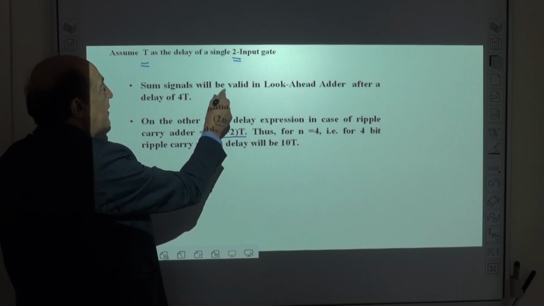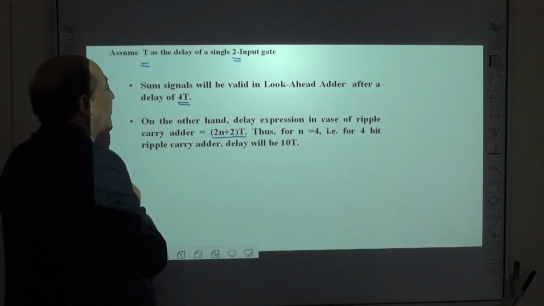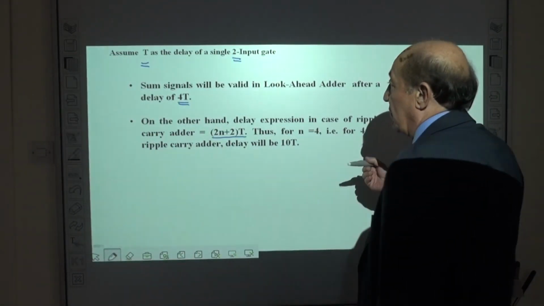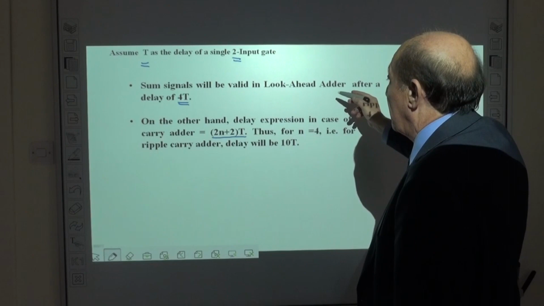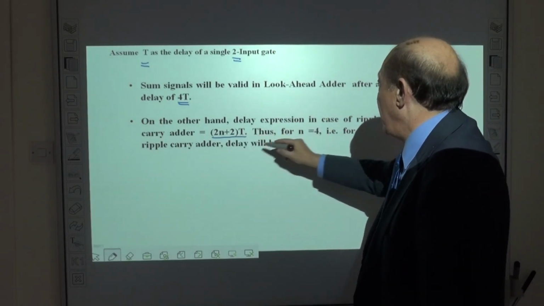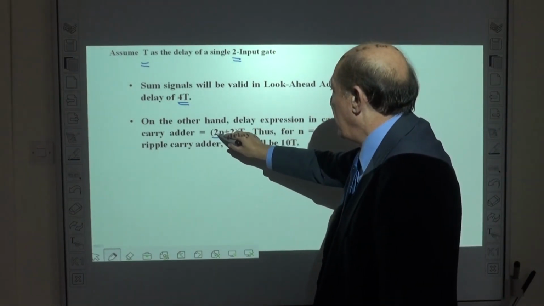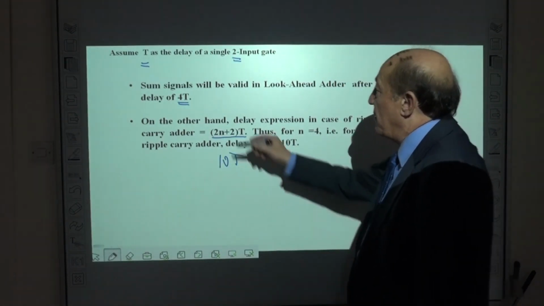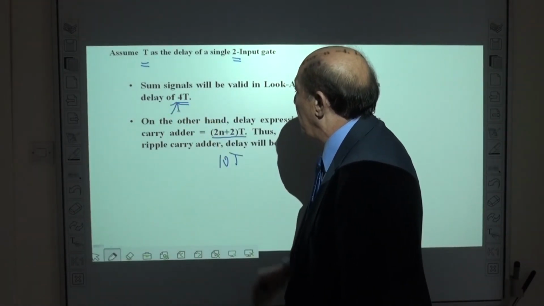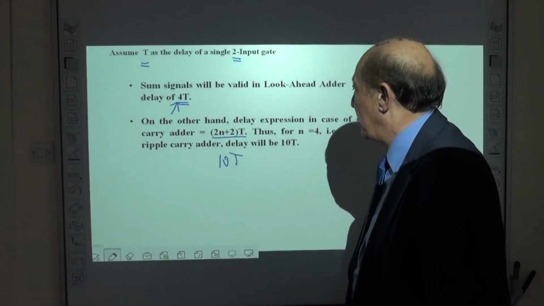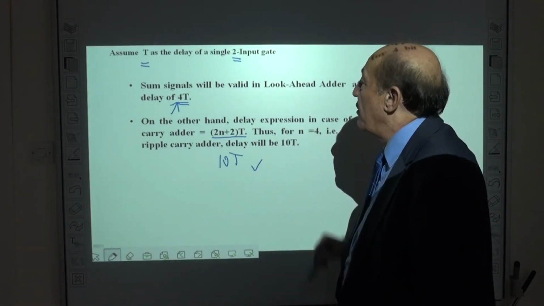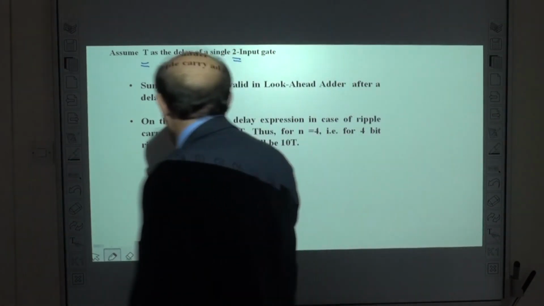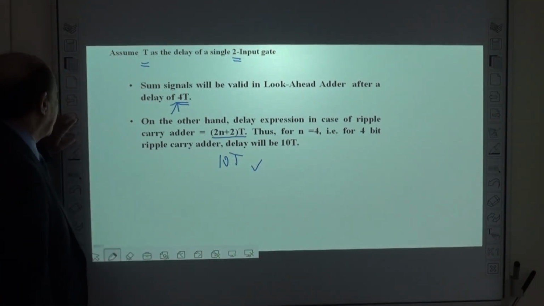But in the look ahead adder, we have 4t. So if we have n equal 4, then 8 plus 2, we have 10t. Comparing with 4t, the performance of the carry look ahead adder is better than that of ripple adders.